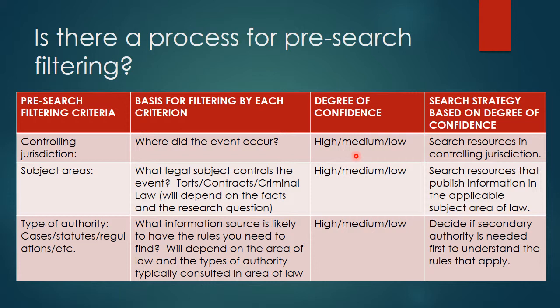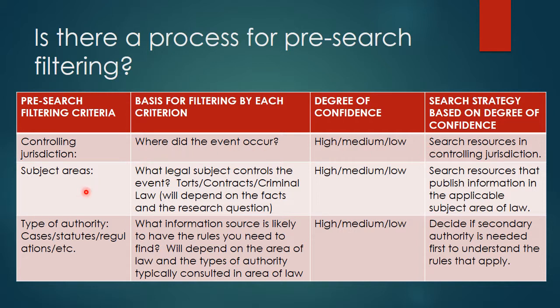Some legal questions, it's harder to know the answer to without doing initial research, and that's a subject that we also will talk about in the next lecture for Chapter 5. Research sources, then, are the ones you want to choose from the controlling jurisdiction. Obviously, you want binding primary authority from the controlling jurisdiction.